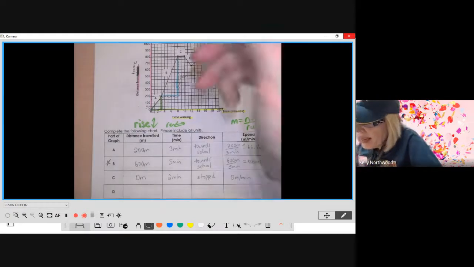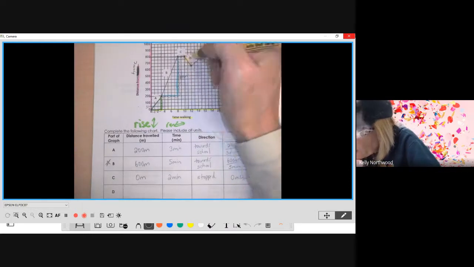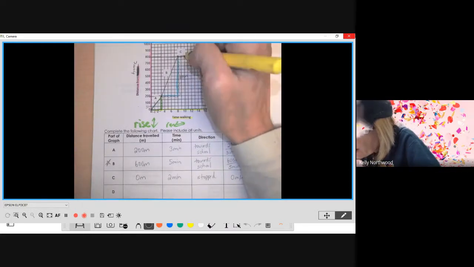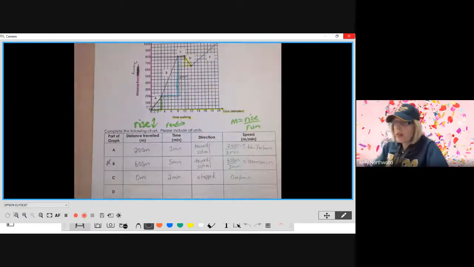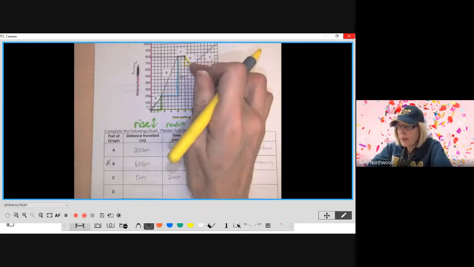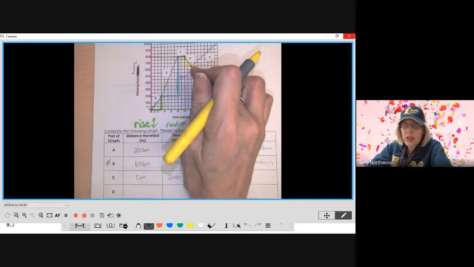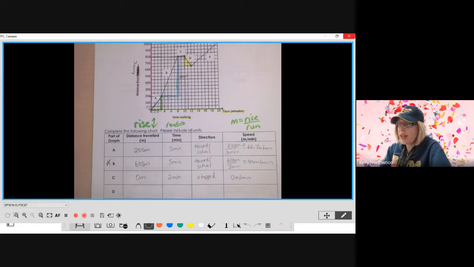And then for D, you can see we've got this negative slope. So we took a little detour. Maybe we had to go back because we dropped something, or someone called us from behind us, and we went back to walk the rest of the way with them.